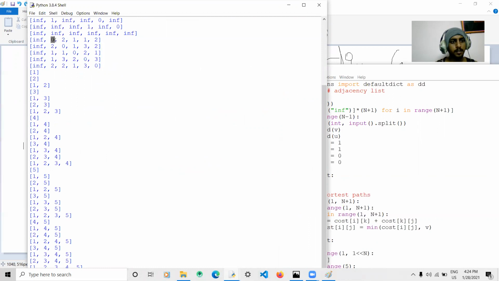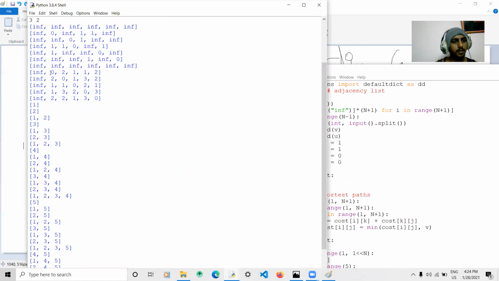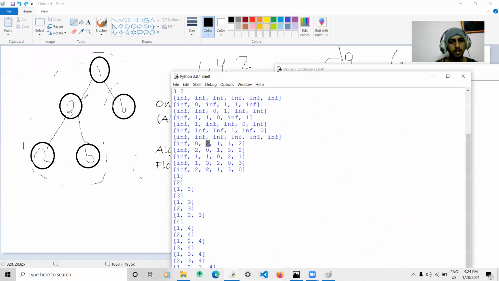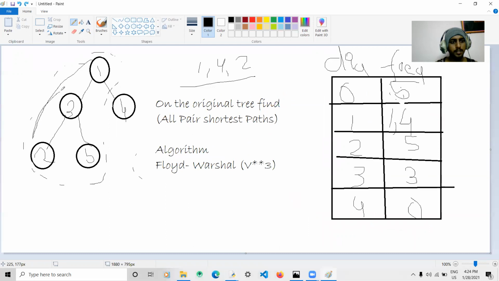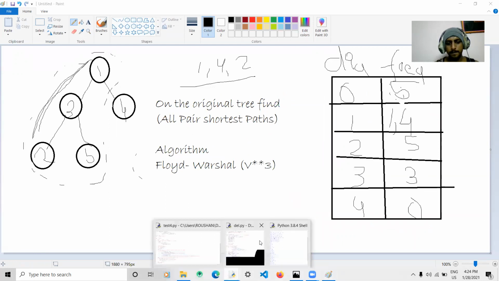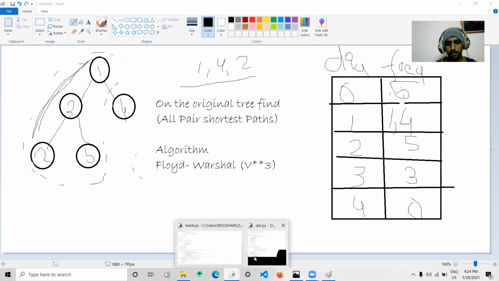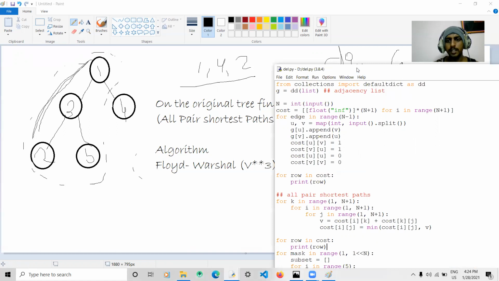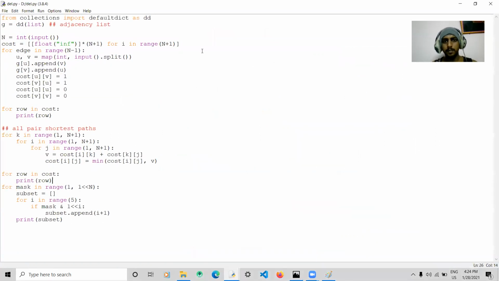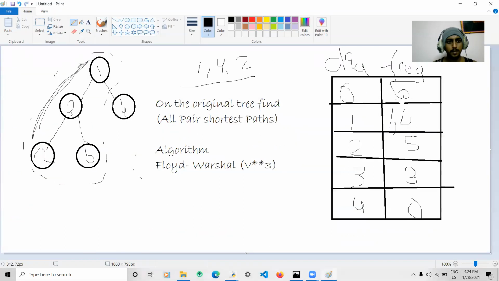Traveling from 1 to 1 is 0, 1 to 2 is 2. So traveling from 1 to 2 is definitely 2. This is the minimum path. I will get rid of most of the things here. So now you get it. We are basically computing the minimum cost if I want to go from here to here, how many edges I have to cross.